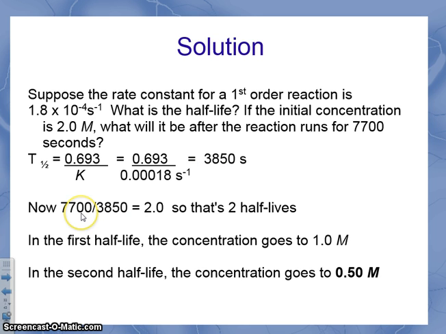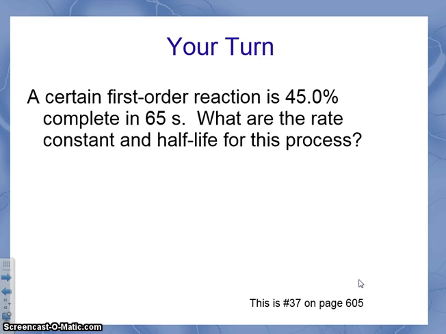Now, 7,700, which is our given number of seconds, over 3,850 is 2, so there's 2 half-lives. In the first half-life, the concentration goes from 2 to 1 molar. So in the second half-life, it goes to 0.5 molar. This is a fast way to do half-life questions, where you don't actually have to plug anything into the equation with the various concentrations.